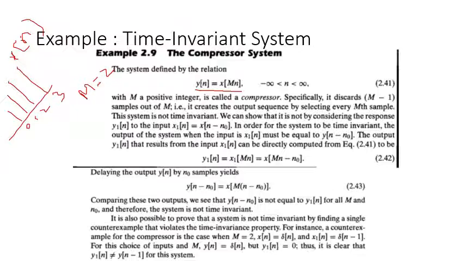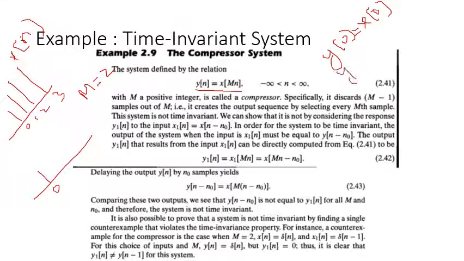Then 2 multiplies 0, because we have the first sample at 0. So what will be the output? n is 0, and at 0 we will have the same thing, so y of 0 is equal to x of 0.